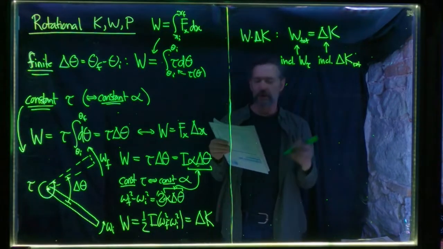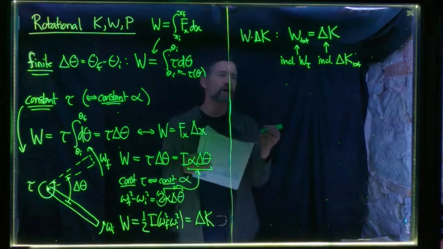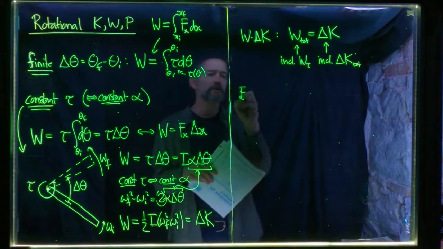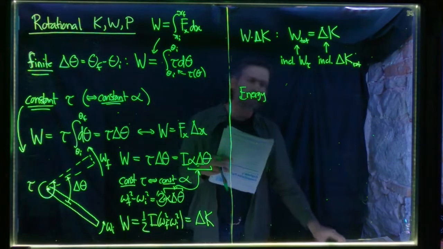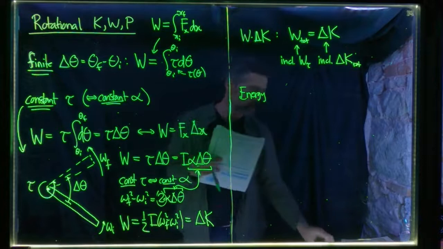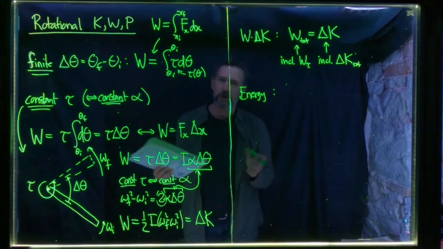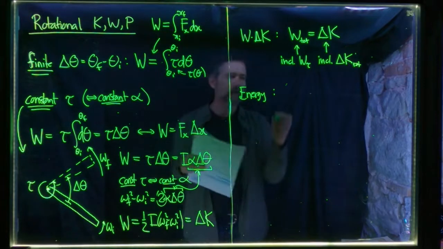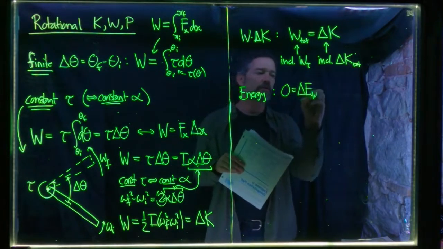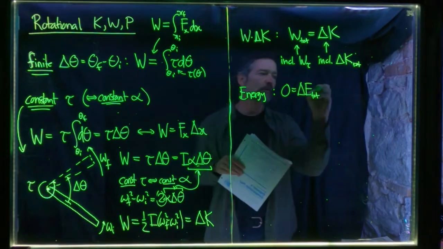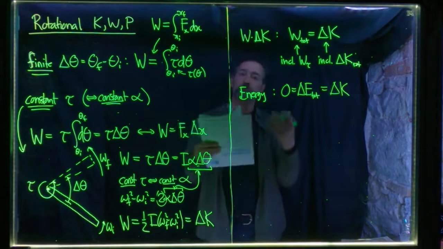So K rotational. Okay, and conservation of energy has the same form. So energy conservation. This is energy transfer. This is energy storage. Okay, and so in an isolated system, the total amount of energy can't change. So the change in the total energy is always 0, and that change can happen because there's changes in kinetic energy.